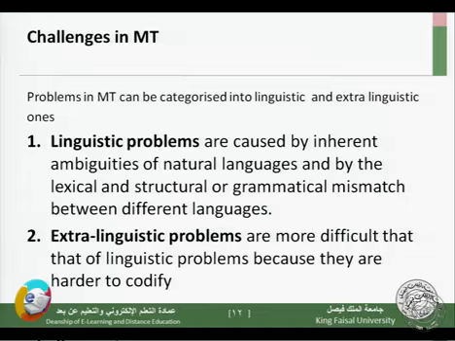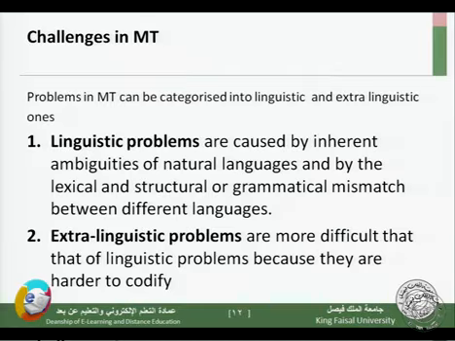Linguistic problems, which are caused by inherent ambiguities of the natural languages. That's what I'm saying. Natural language has its own linguistic ambiguities, especially in the lexical, structural, and grammatical aspects of the language.